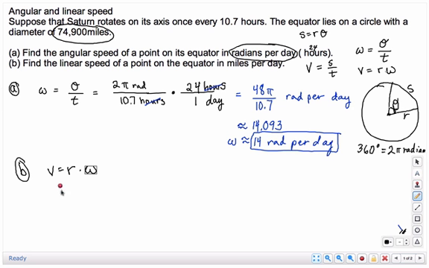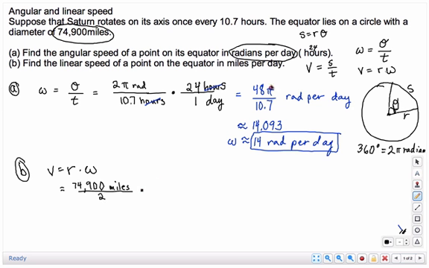To simplify our calculations, I'm going to take that 74,900 miles and divide it by 2, because this was the diameter, so half of that gives me the radius. Then we're going to multiply that by the angular velocity.